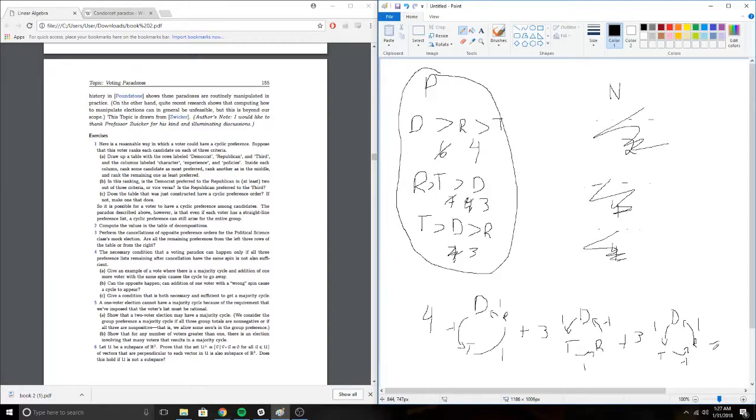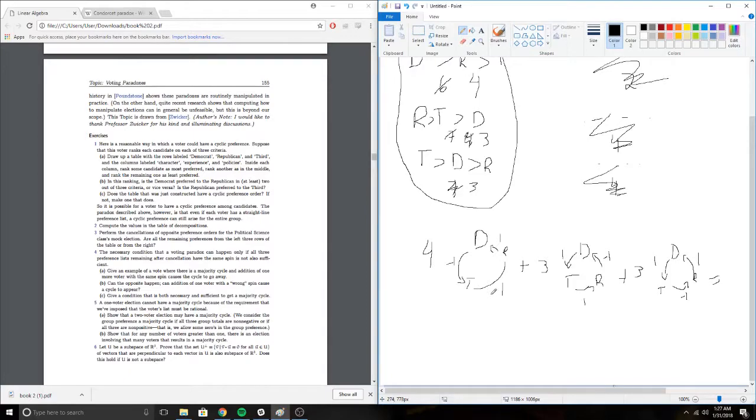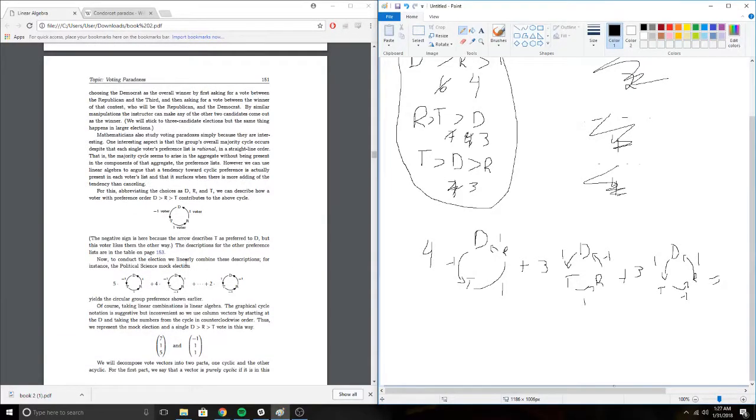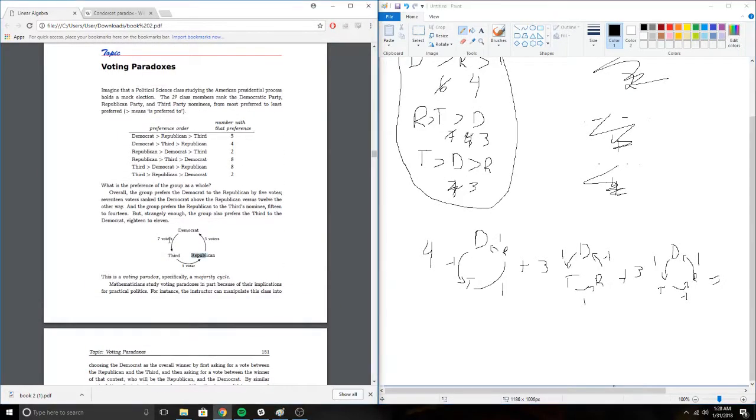Okay. Now that we have these circles, we can add this up to get our final circle, the one shown here, of the total class's preferences.